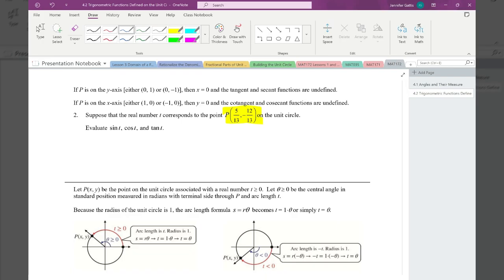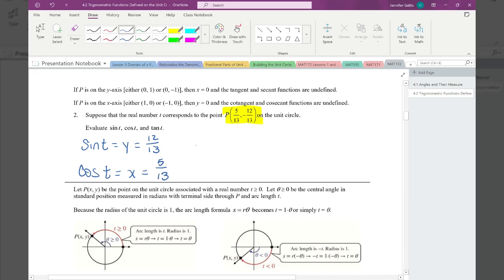Sine of t is equal to y, which would be 12 over 13. Cosine of t is x, which is 5 over 13.